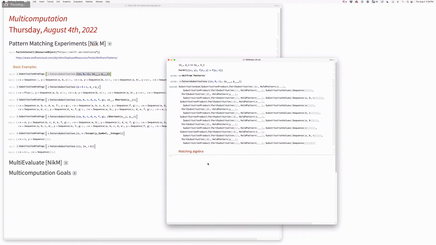Okay, but anyway, there's a representation of the matching algebra, and from the matching algebra you can extract certain things, like a particular set of substitution bindings for a particular path, a particular monomial, effectively, in the matching polynomial. Correct? Right.